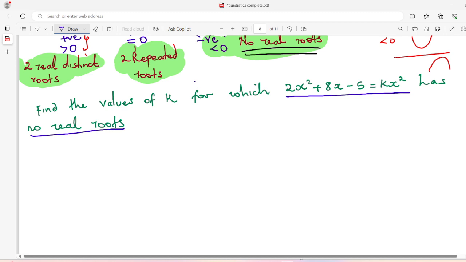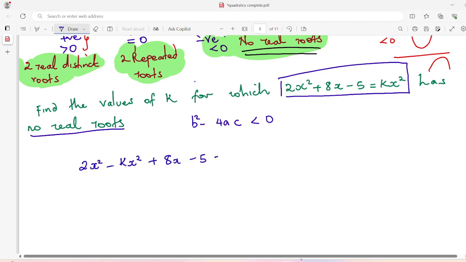This is not yet quadratic, because a quadratic equation should be equal to 0, and I must have only one x squared. So I take this to the left side, so I'll have 2x squared minus kx squared plus 8x minus 5 equaling 0. Still, this is not quadratic because I have 2x squared, so I factorize out the x squared, and we end up having that kind of expression.